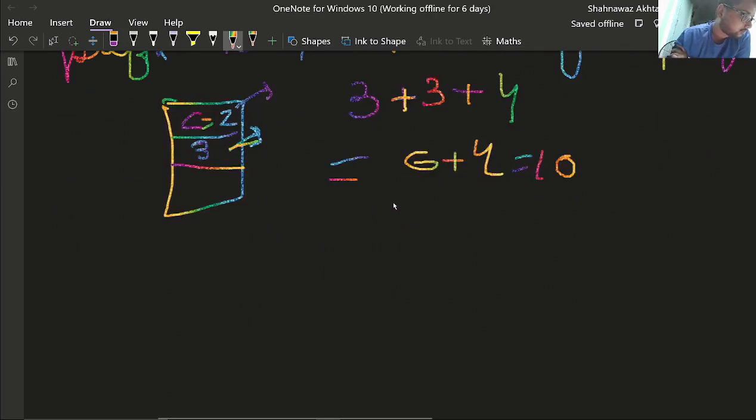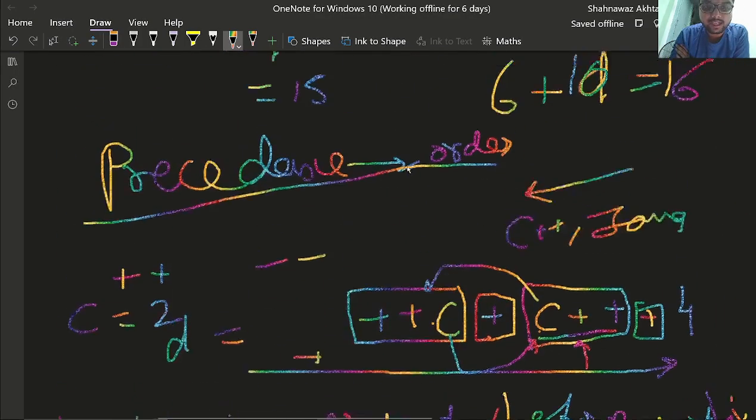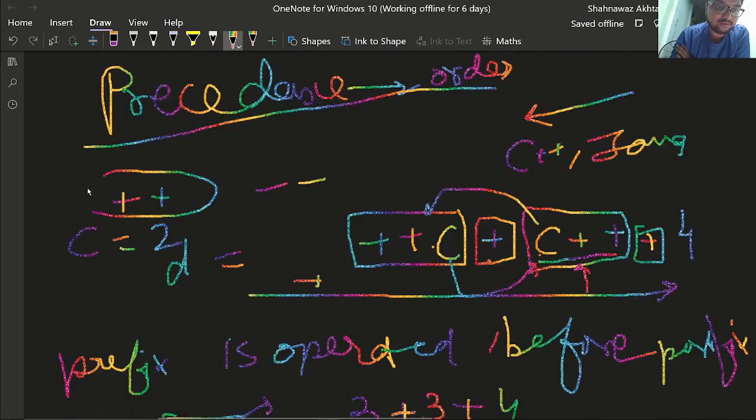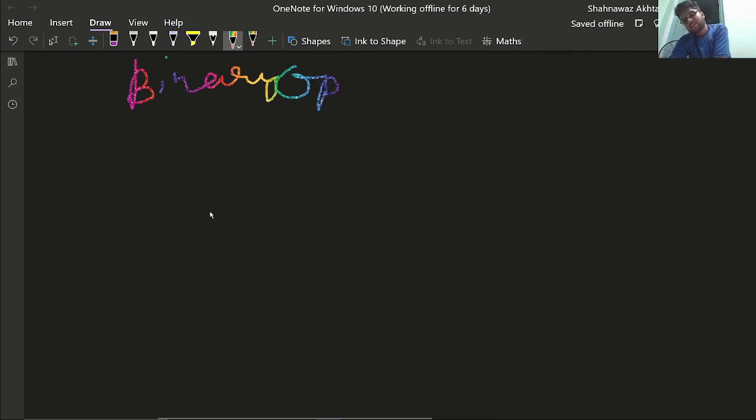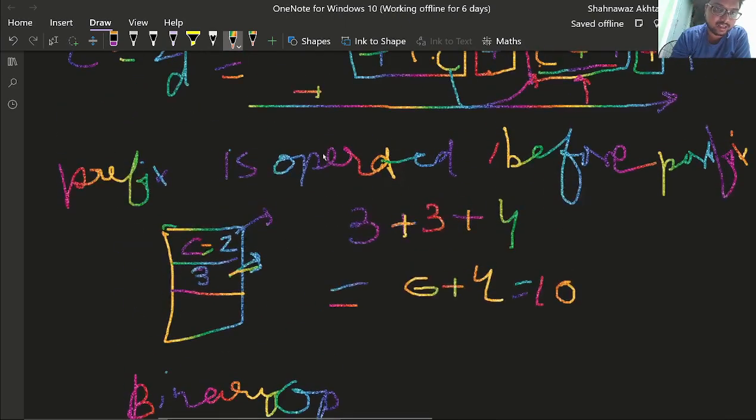See, suppose now what we see, we have binary operators. Why I told you this: because in most for loops we use this as the incremental value, and at that time you will realize that it is very necessary to learn this.